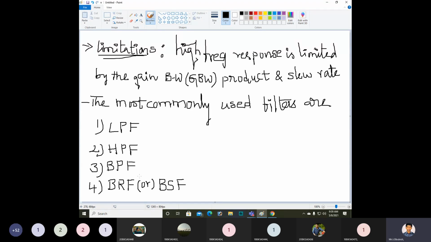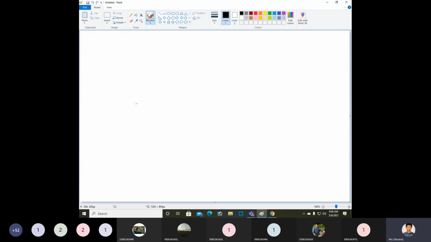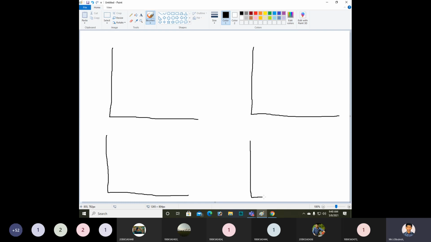Okay, so we need to see the frequency response of each and every filter, and we need to draw them. First, this is the low pass filter frequency response.